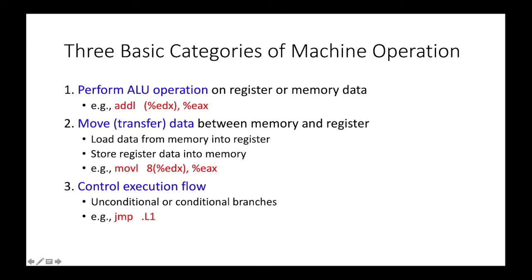An example is movl 8(%edx), %eax. The third category is to change the execution flow, that is, we jump to a different location, unconditionally or conditionally. One example is jmp L1 label.